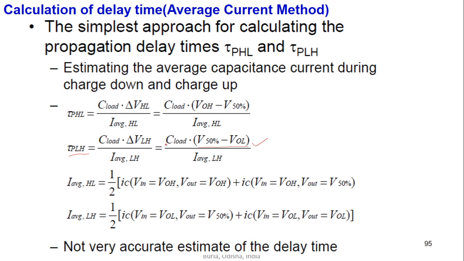The value of load capacitance is known, V50% is known, VOL is known, and the parameters left here are I average LH and I average HL, the average current that flows when output goes from low to high or high to low. The average value of the current when output goes from high to low we can find out as the average value of the two peak currents.